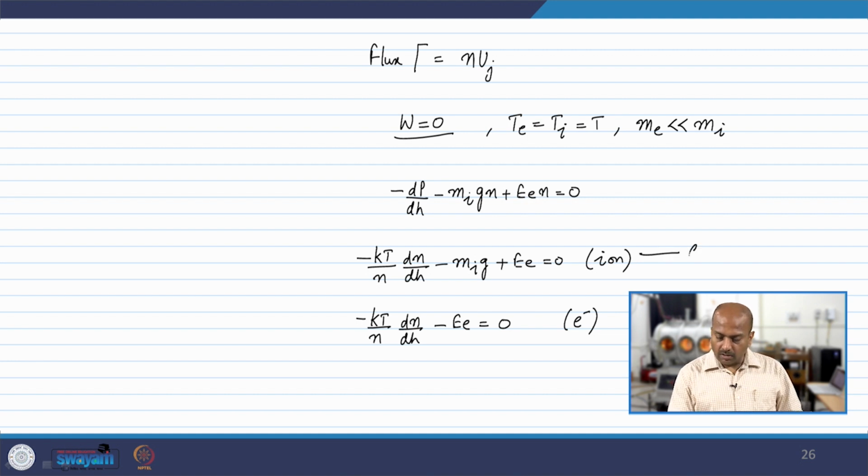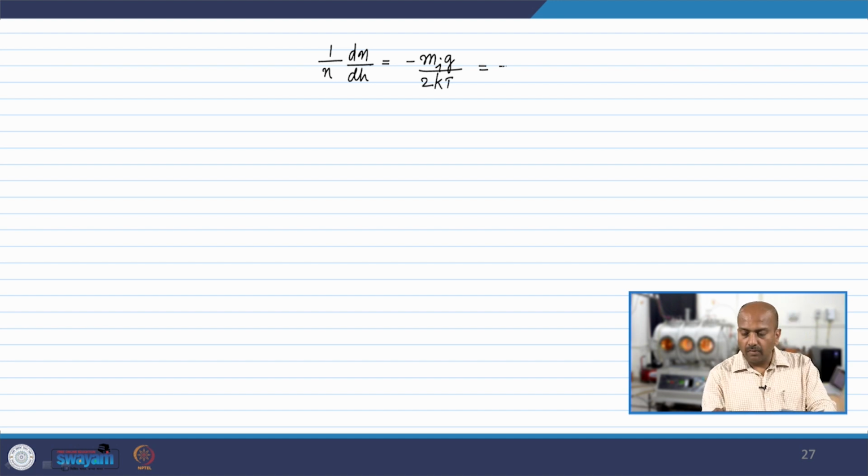Let us call these equation A and equation B. Adding both of them, we get 1 by n dn by dh equals minus mi g by 2 kT, which is minus 1 by Hp, and this can be called equation C.